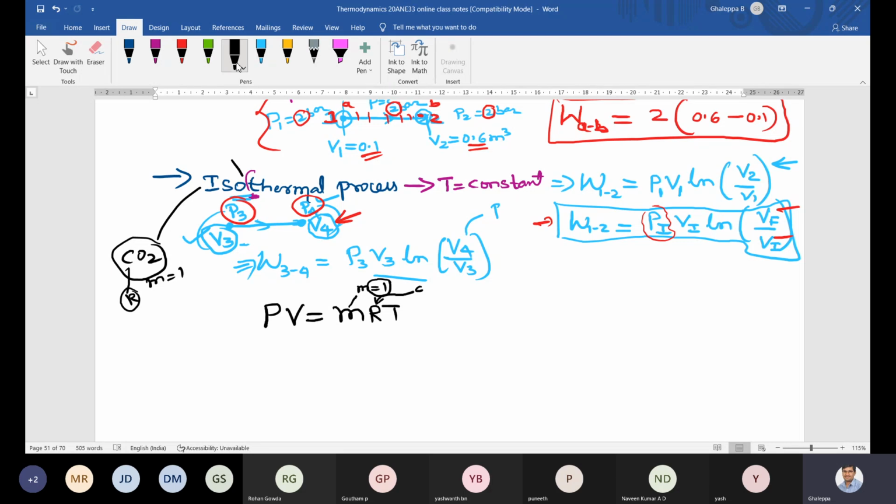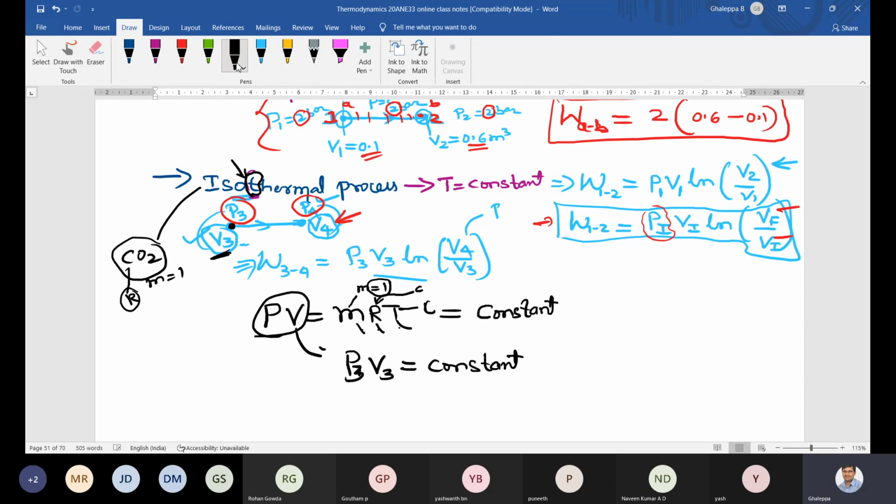And in this process, isothermal, which property is constant? Temperature is constant. Here T is also constant. So constant, I am not saying zero. This may be 10, this may be 20, and this may be 1 kg. 1 into 20 into 10, you will get some value, 200. That is a constant value, it is not zero. So I will apply this equation for this process at the initial point: P3 V3 is equal to some constant value.